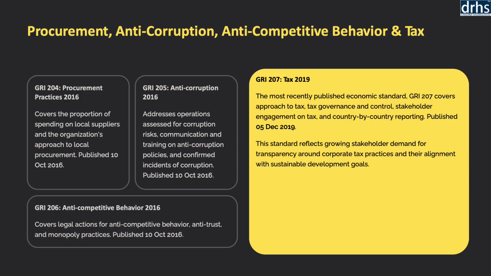It aligns corporate tax practices with broader societal expectations and sustainable development objectives. Collectively, these standards establish a framework of accountability, fairness, and transparency, enabling organizations to demonstrate ethical stewardship while contributing to stable, equitable, and well-regulated economic systems.